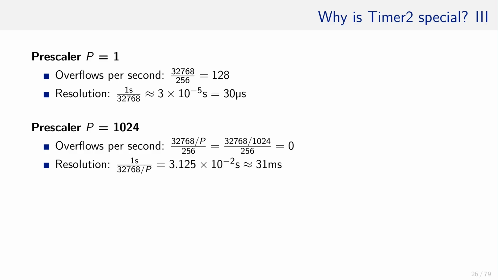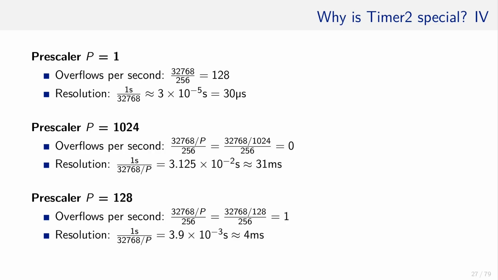Alternatively, if the Prescaler is set to 1024, the number of overflows per second reduces to 0. At this Prescaler, the register is incremented 32 times per second, and since 32 is less than 255, no overflow occurs. However, then the resolution also decreases to around 31 milliseconds between 2 ticks.